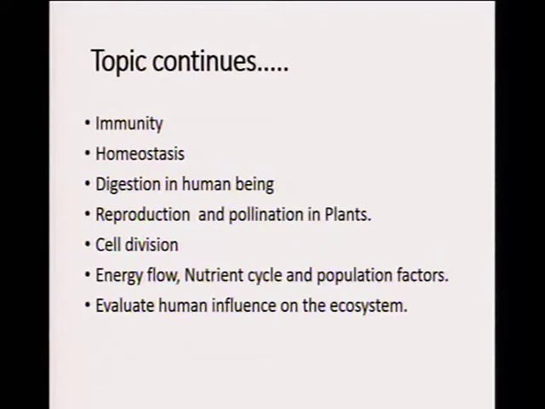It doesn't mean that the body is not exposed to pathogens. It is, but the body has a mechanism. Once those pathogens enter our body, they are immediately identified, engulfed, and destroyed before they make a person sick.